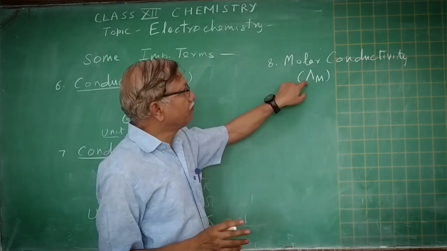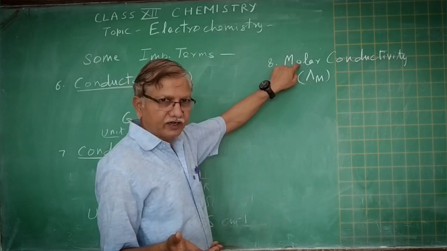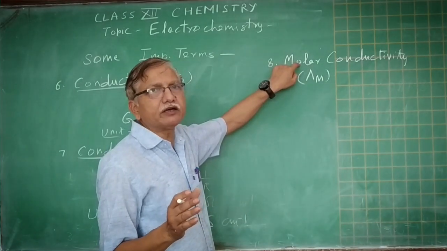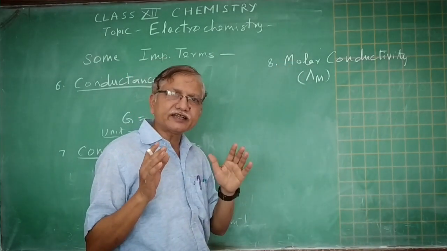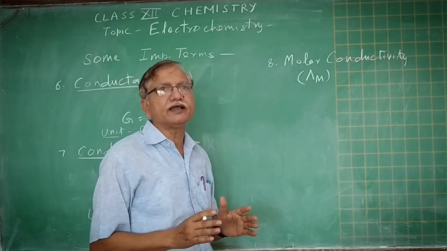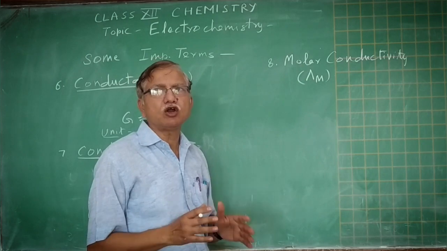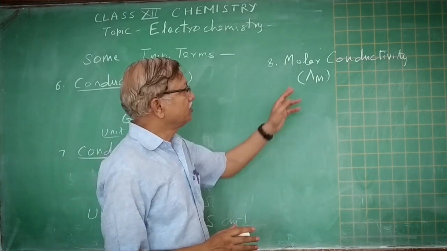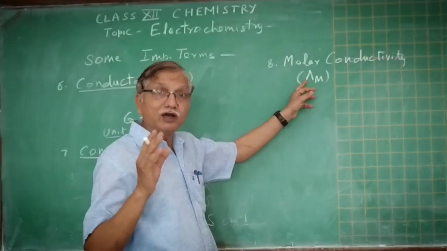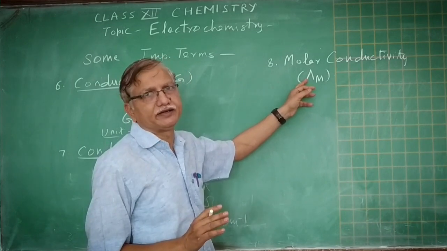Again I will repeat, the molar conductivity is the total conducting power of all the ions produced when 1 mole of electrolyte is dissolved in a solution. So it is the conducting power of 1 mole of ions of an electrolyte.